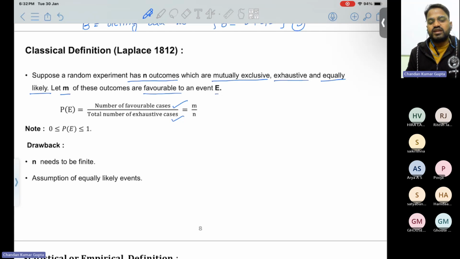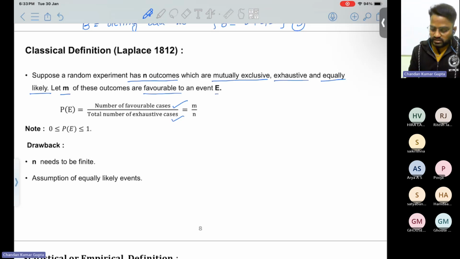This is the simple classical probability. It gives the weight or chance of occurrence, like in 5,000 times, this thing happens 777 times. This is the base for the probability definition.